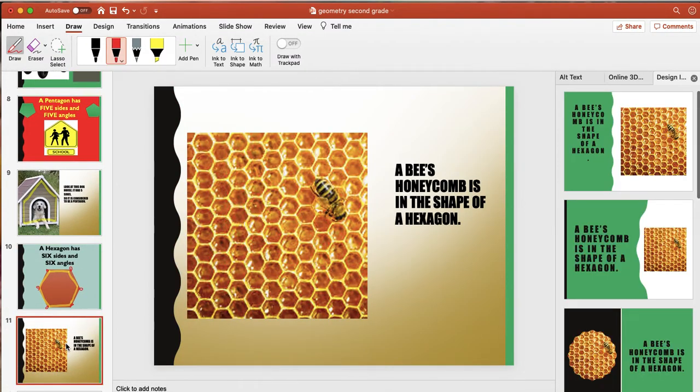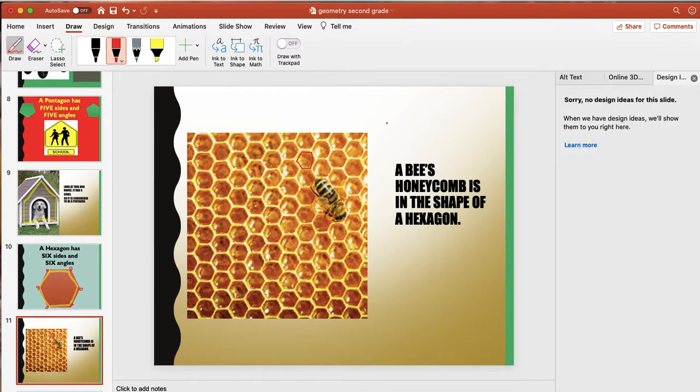An example of a hexagon would be a bee's honeycomb. So as you can see, it has 6 sides. We have 1, 2, 3, 4, 5, and 6. So a shape with 6 sides is considered to be a hexagon.